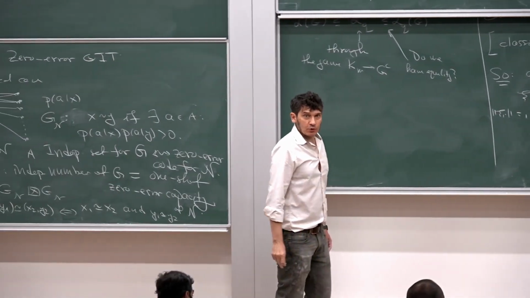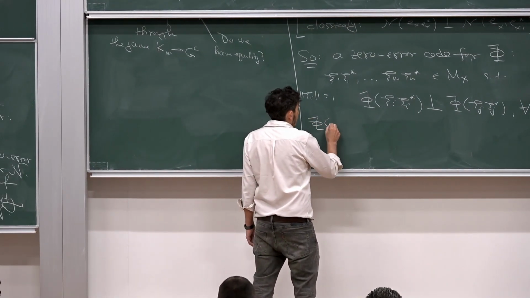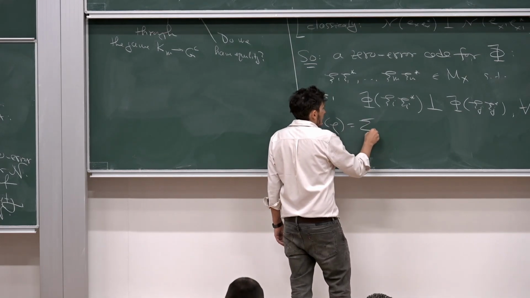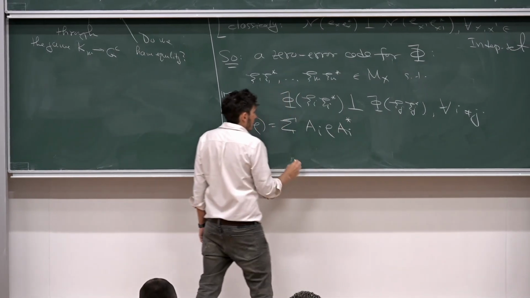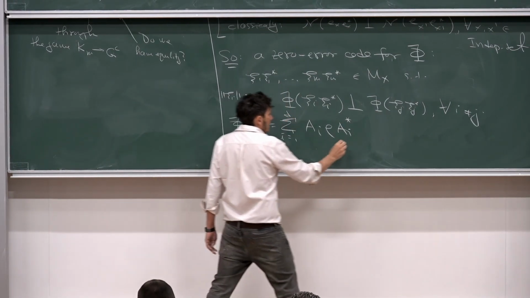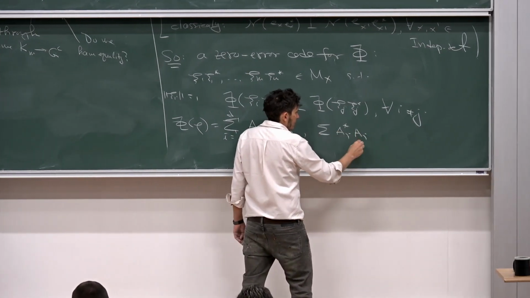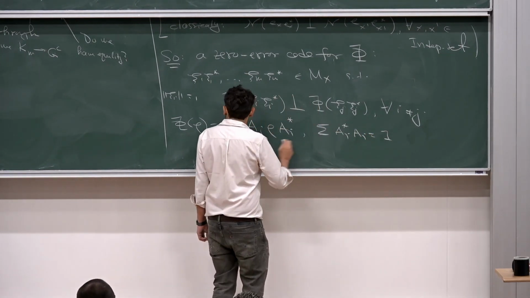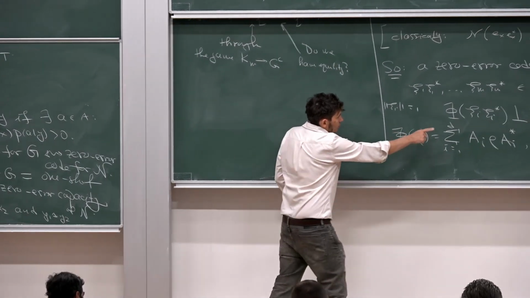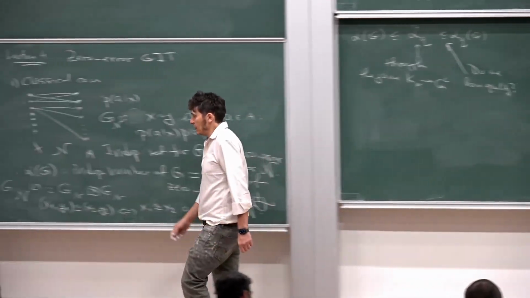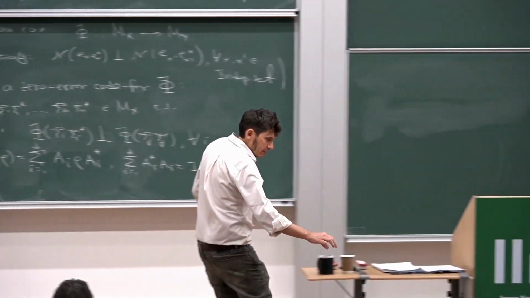And now you remember the Kraus decomposition. Kraus decomposition tells me that phi has the following form. If I have a state rho, it will be the sum of some operators Ai rho Ai star, such that Ai star Ai is equal to the identity. Now I sit down and compute what this means, and it turns out to be something really nice.